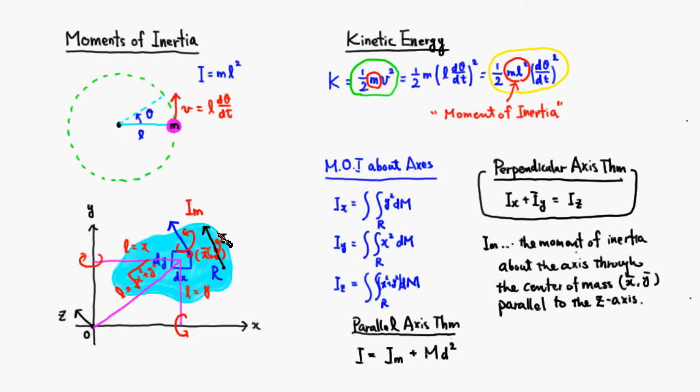The distance d is determined by finding the distance between these two axes. So the parallel axis theorem says that the moment of inertia about this axis is the moment of inertia about the axis through the center of mass plus the total mass times this distance squared.